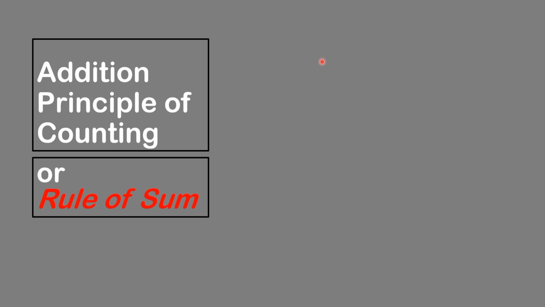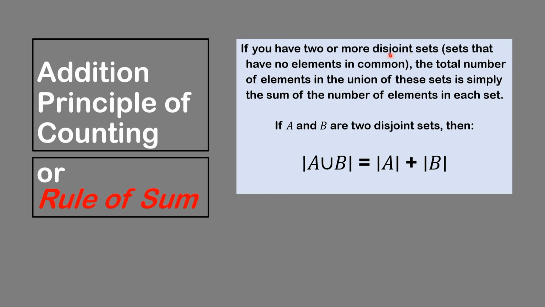The addition principle of counting, or addition counting principle, is also known as the rule of sum, which states that if you have two or more disjoint sets, these are sets that have no elements in common or no intersection, the total number of elements in the union of these sets is simply the sum of the number of elements in each set.